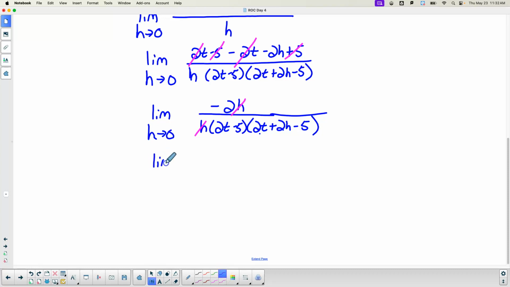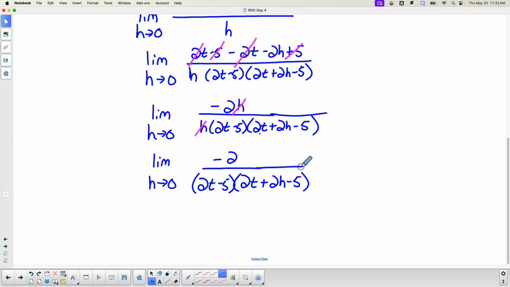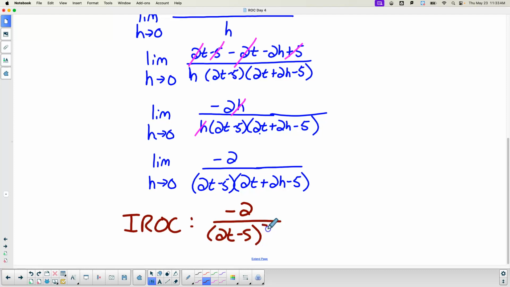So now we've got the limit as h approaches 0 of negative 2 over 2t minus 5 times 2t plus 2h minus 5. You plug in 0 for h. Can we? Yeah, because it's not going to give us a 0 denominator, right? So it just gets rid of that 2h. So if I send h to 0, then my RoC will be negative 2 over 2t minus 5, and then 2t minus 5, so we'll call that squared.